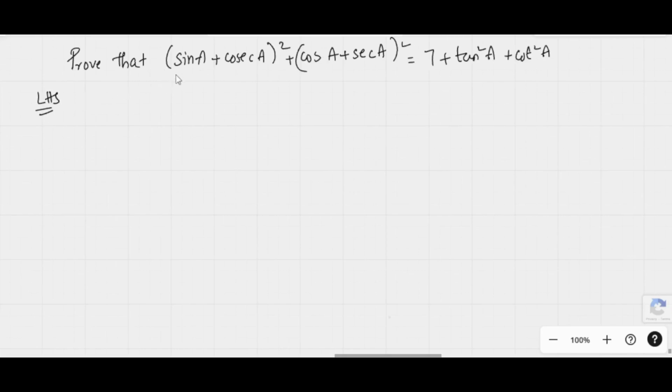Don't worry, whenever you see whole square, just apply whatever formula you know and start deriving it. So it is in the form of a plus b whole square, and this is also in the form of a plus b whole square.